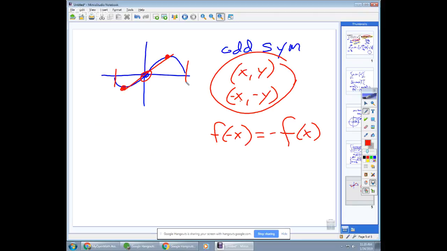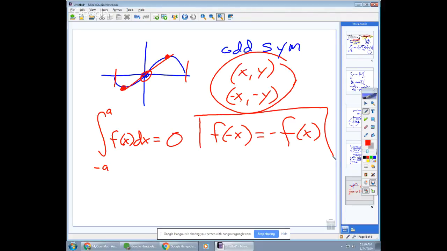So if f of x is odd, the integral from -a to a of this function has got to be 0. The areas are going to balance out, positive versus negative. Can you just look at the graph and say, yeah, that looks odd symmetric? Sometimes, but not always. This is the real test right there.